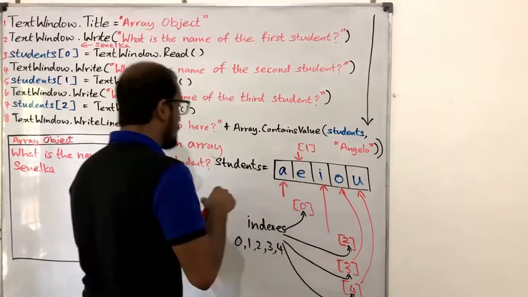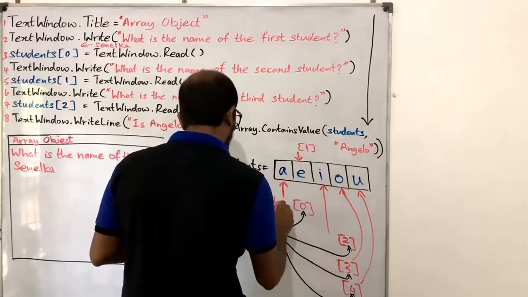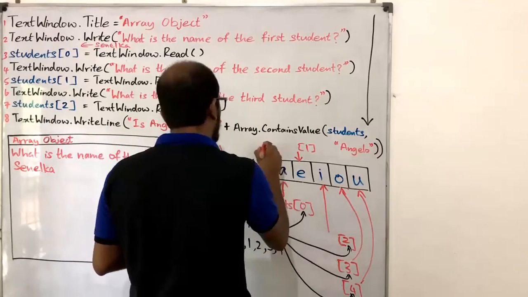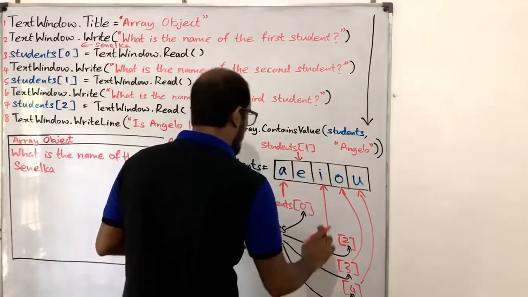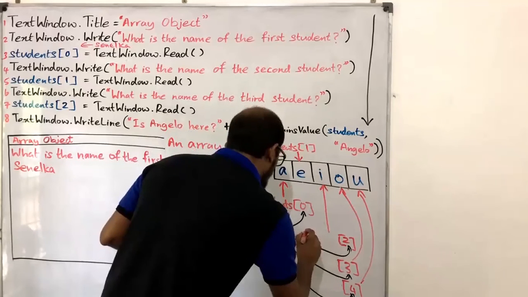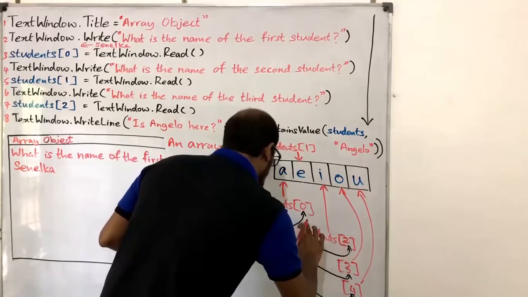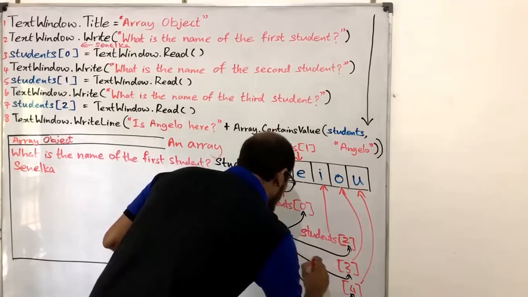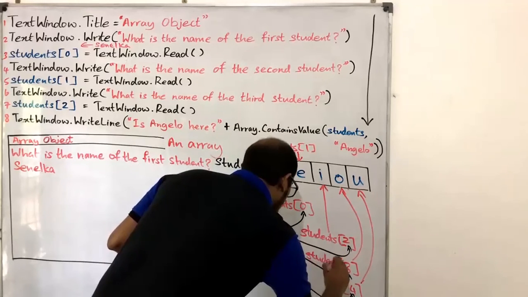So this is students 0, this is students 1, this is students 2, this is students 3, this is students 4.